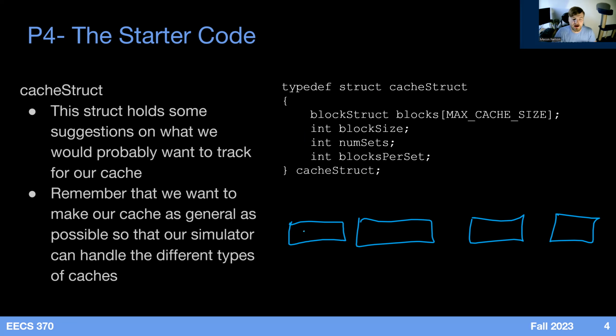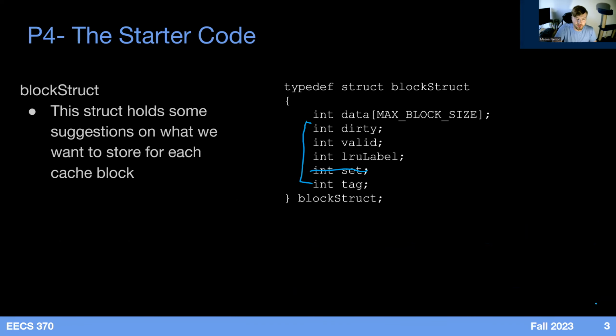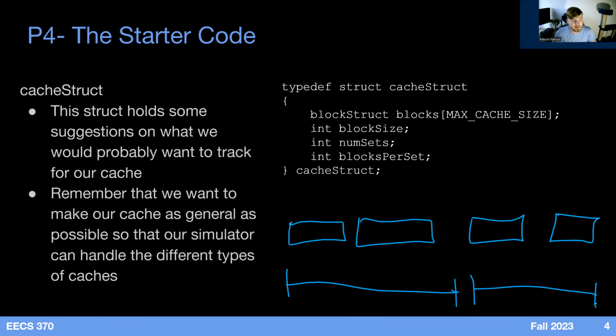In a direct map cache, I could have each one be its own set, or in some set associative cache, I could divide them up into different chunks to belong to different sets. That is one way to do it. You can also use the explicit set variable that we've provided in the block struct. It's up to you. But in real hardware, we would probably do the partitioning scheme, except it would be more automatic. All right.